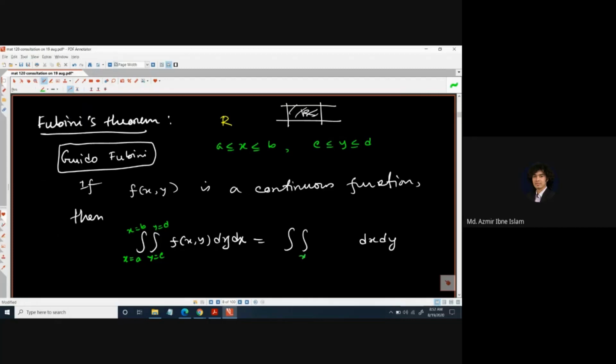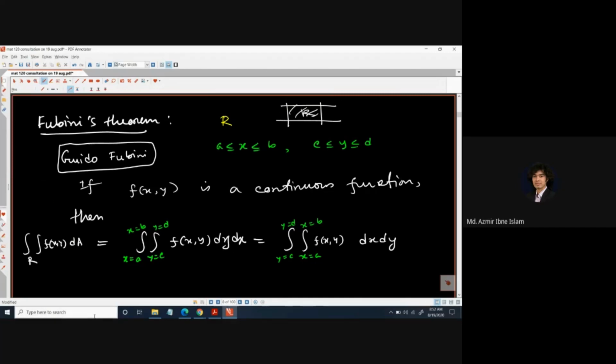Here x equal to a, x equal to b, y equal to c, y equal to d, and the function is f of x comma y. This is how we can evaluate the double integral of f of x comma y dA, where dA means dy dx or dx dy, over a region or rectangle R.